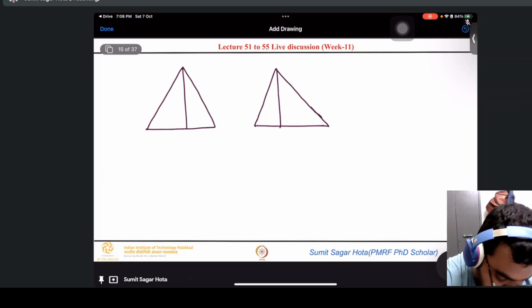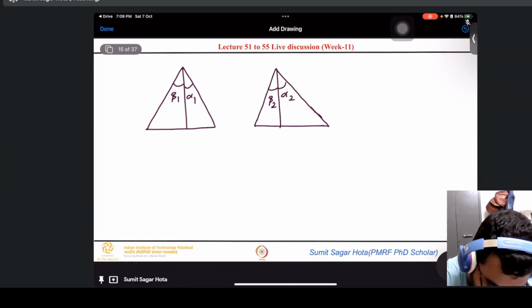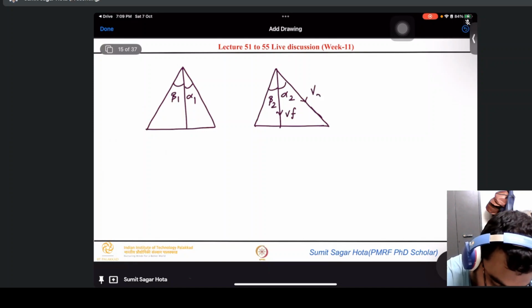Beta 1, alpha 1, beta 2, alpha 2, VF, V2.